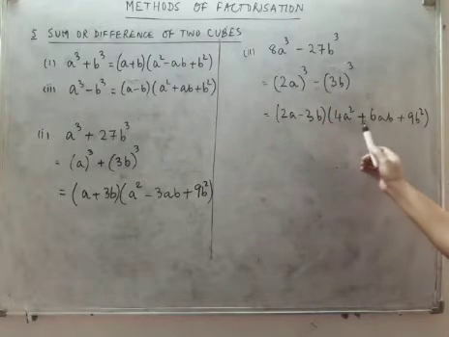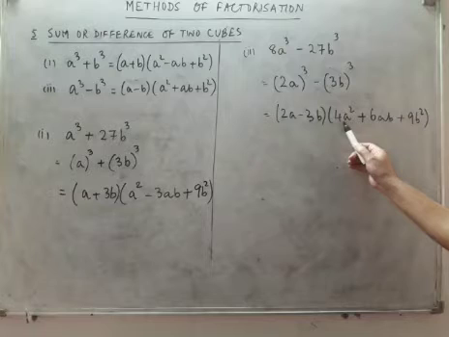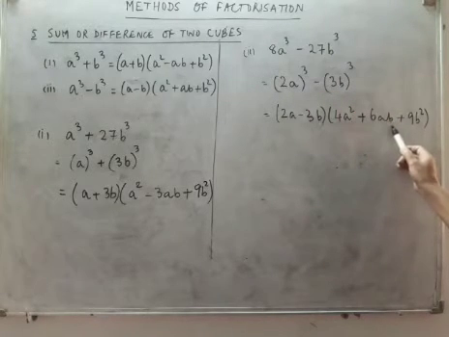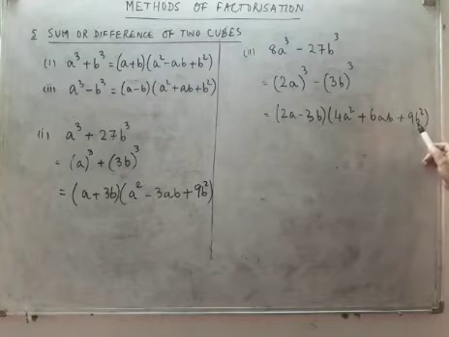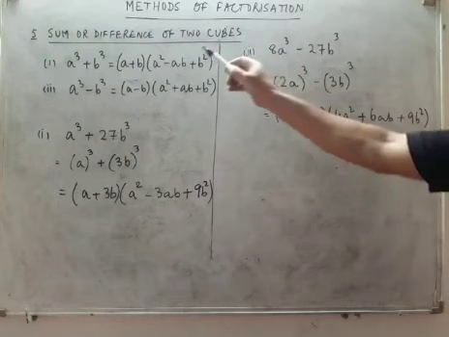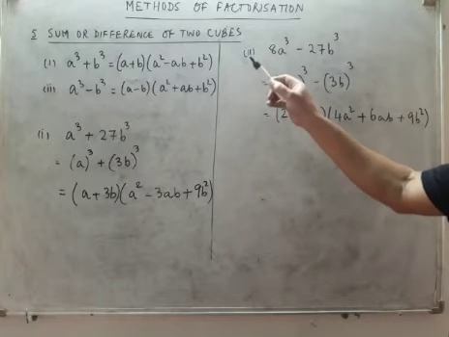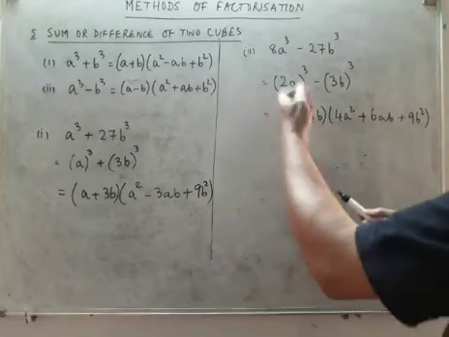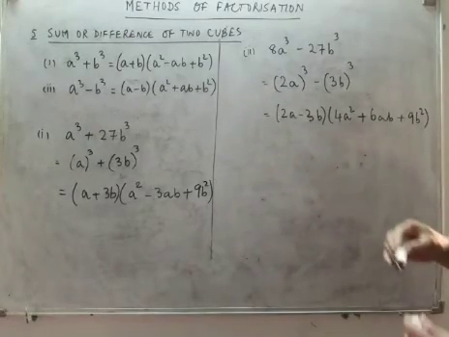You see here, first term squared is 4a squared, plus first term into second term is 6ab, and the second term squared is 9b squared. Clear?